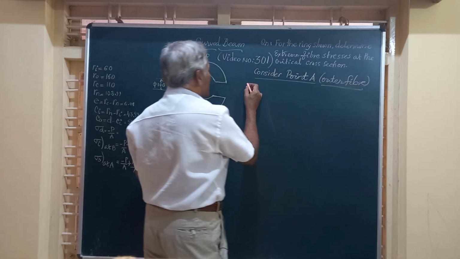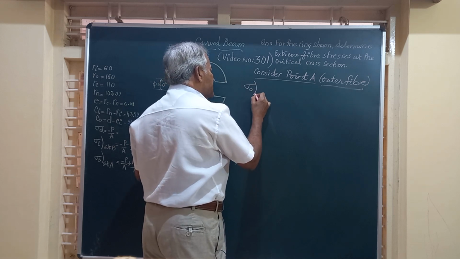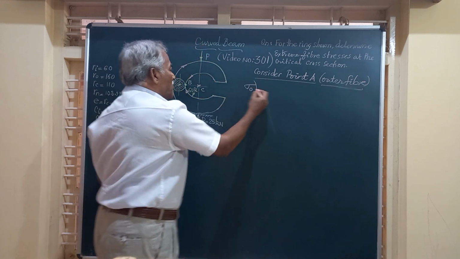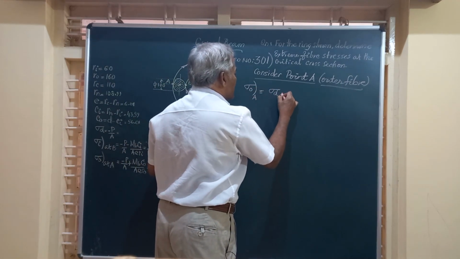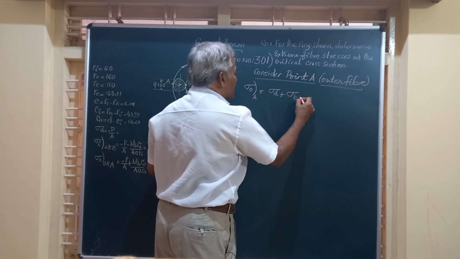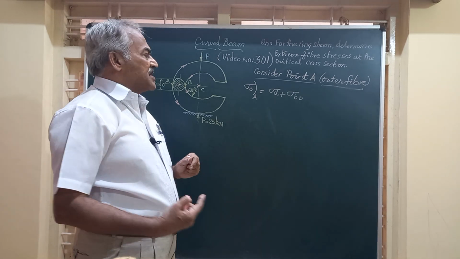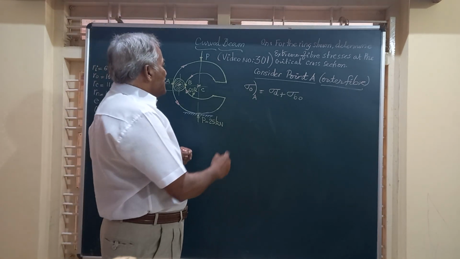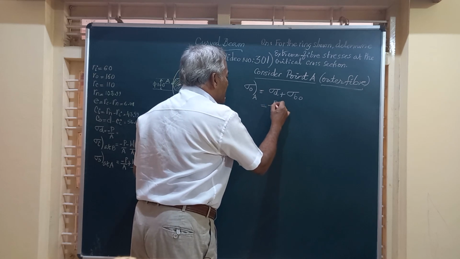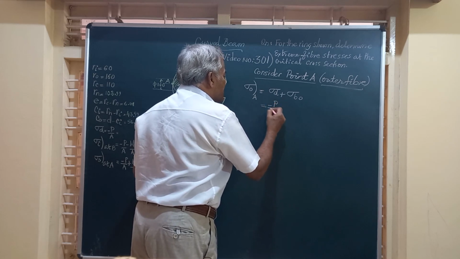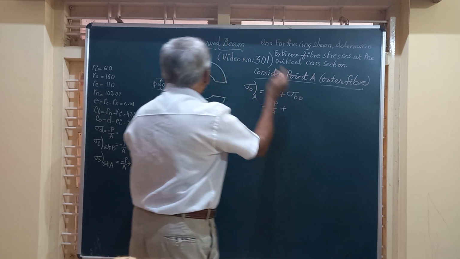Friends, we have this sigma O, the total stress at A at the outer fiber, given by sigma direct plus sigma B naught, the normal stress due to bending at the outer fiber. Friends, I told you the sigma direct is minus P by A, because the whole cross section is subjected to a compressive stress, plus sigma B naught.